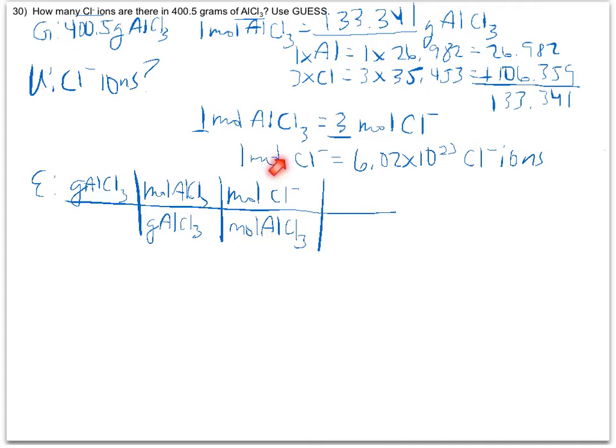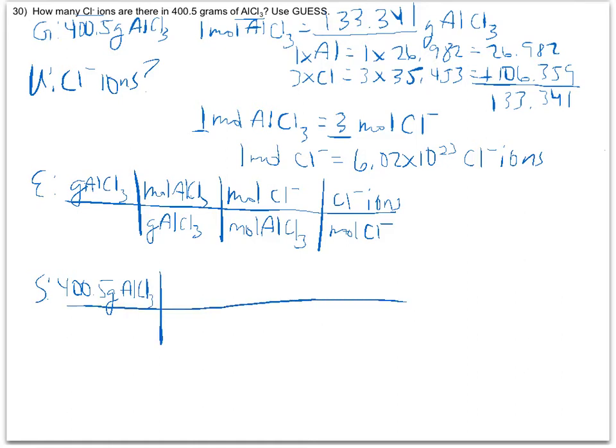If we look, grams cancel, moles of aluminum chloride cancel. Now we're on our last conversion statement. We need to get out of the moles of chlorine and into chlorine ions. So moles of chlorine on bottom and chlorine ions on top. Substituting in, we've got 400.5 grams of AlCl3 over 1 mole of AlCl3 and 133.341 grams of AlCl3. Those numbers came from the first conversion statement.